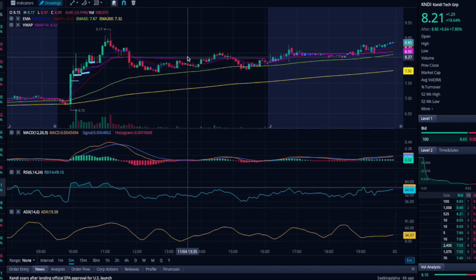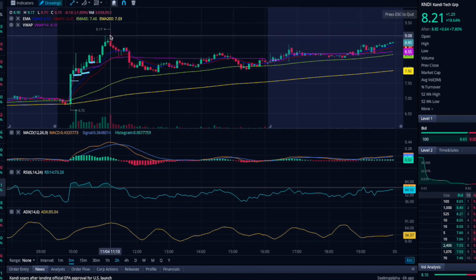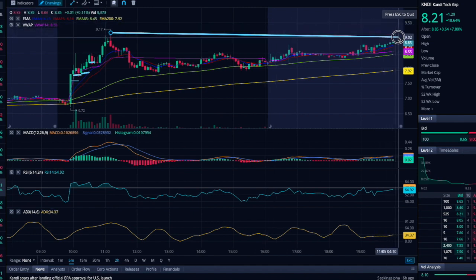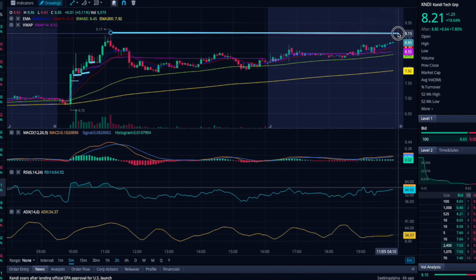That's my rule. That's not your rule, but it's my rule. My rule is I'm not going to get back into this trade unless I see a nice rounded bottom and it actually tries to break VWAP, or it matches 9.17. Now, we know this going into tomorrow: 9.17 is going to be your hard resistance. If it breaks 9.17 tomorrow, I expect this KNDI to go even further.